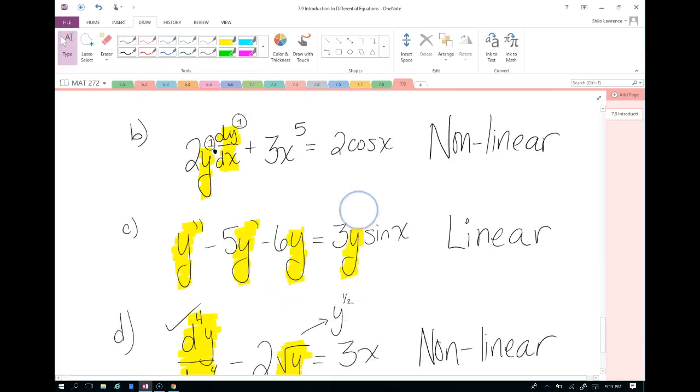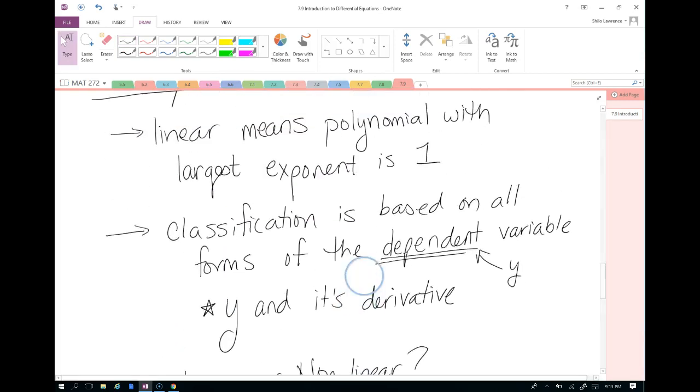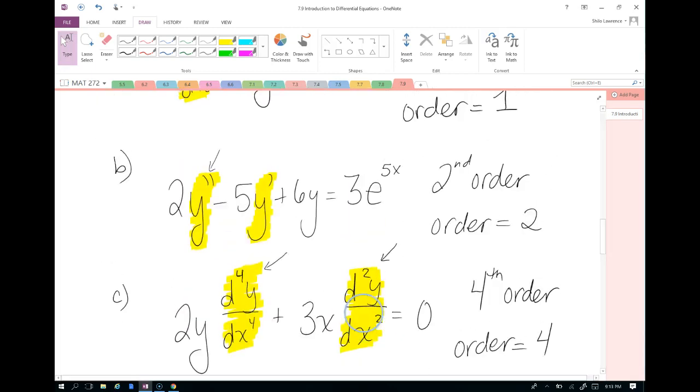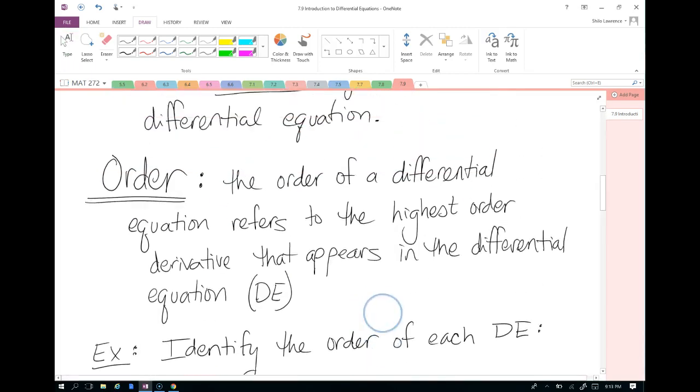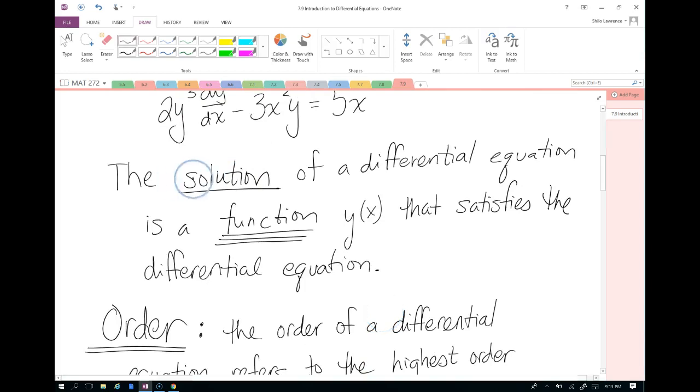Well, remember, up here at the top, we said the solution of a differential equation is a function, y of x, that satisfies the differential equation, which means if I were to take my y of x and plug it into the original differential equation, it should make the equation true.